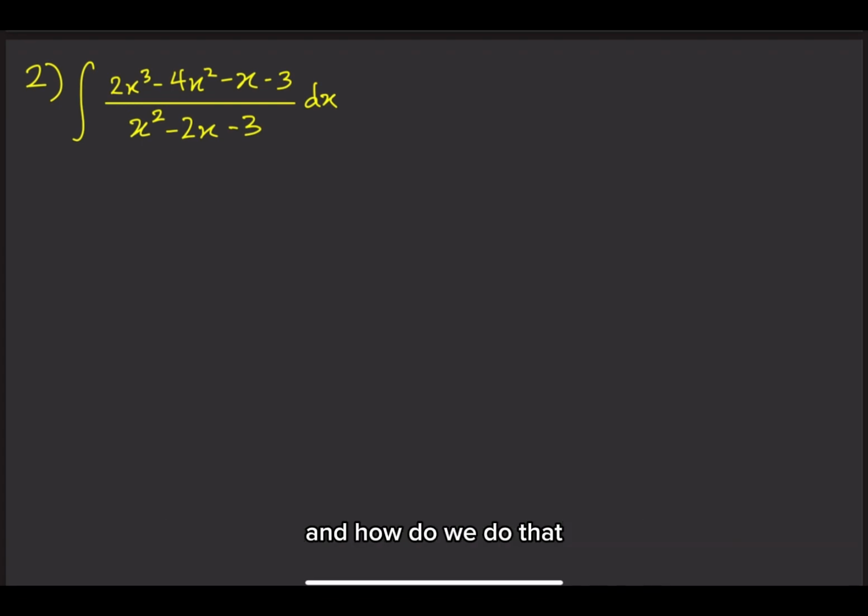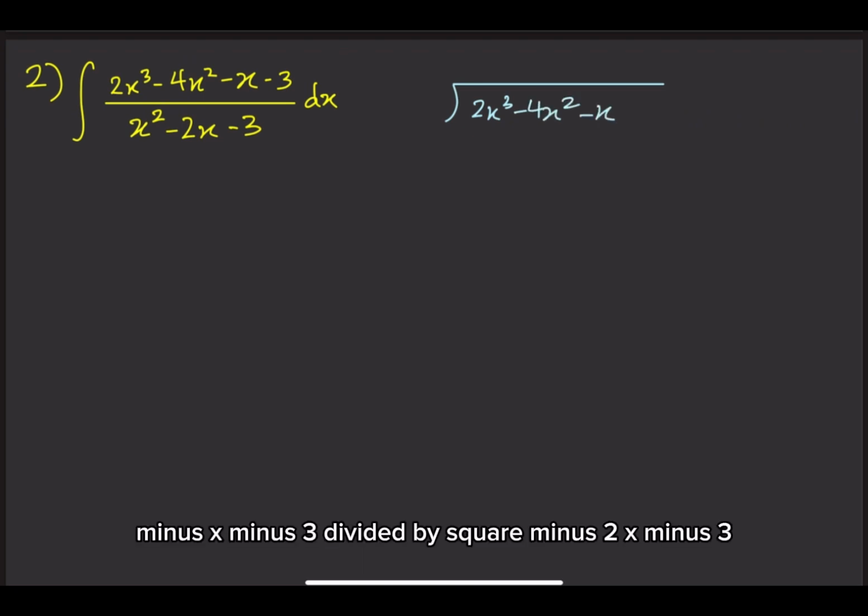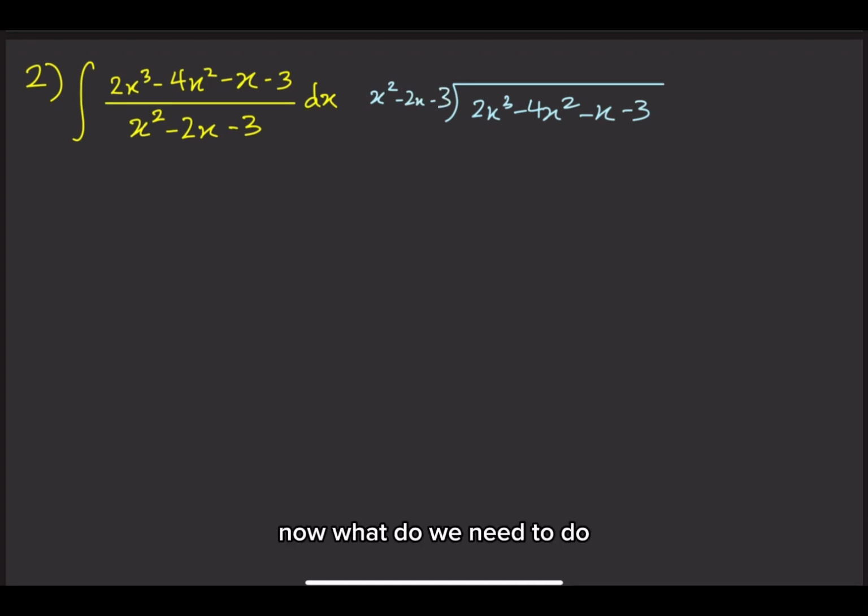And how do we do that? Long division is not too complicated. We have 2x cubed minus 4x squared minus x minus 3 divided by x squared minus 2x minus 3. Now, what do we need to multiply x squared by to get our 2x cubed?